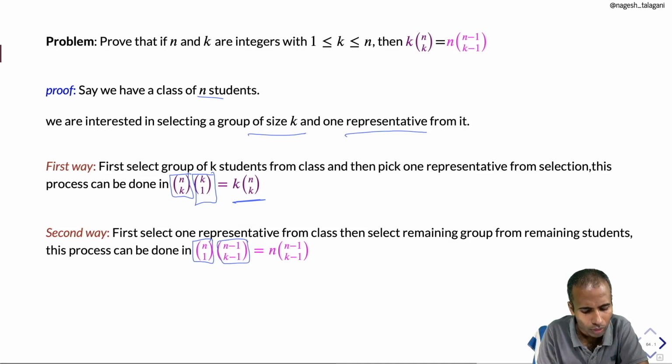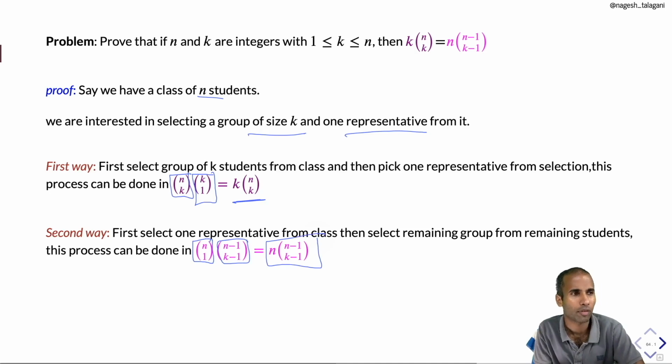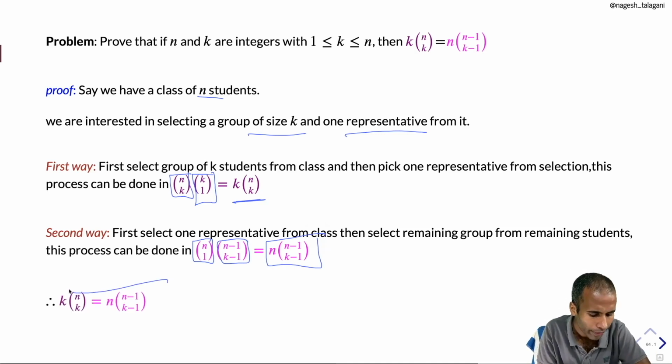So this will give you n times n minus 1 choose k minus 1. As you can see, both count the same object, so we must have k times n choose k equal to n times n minus 1 choose k minus 1.